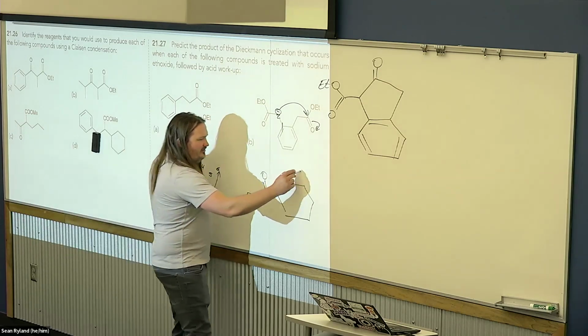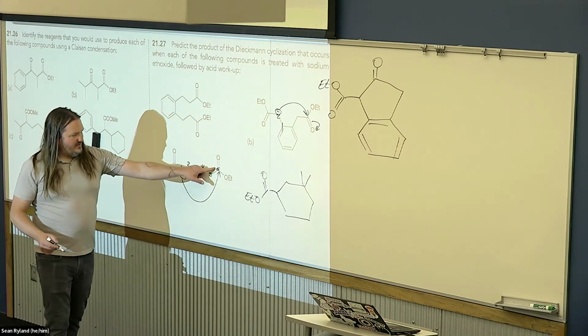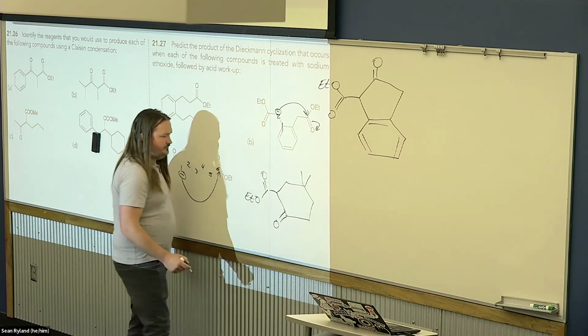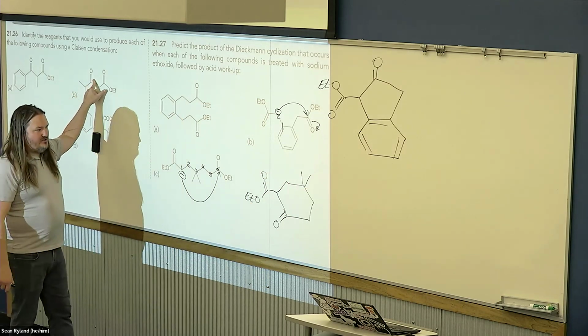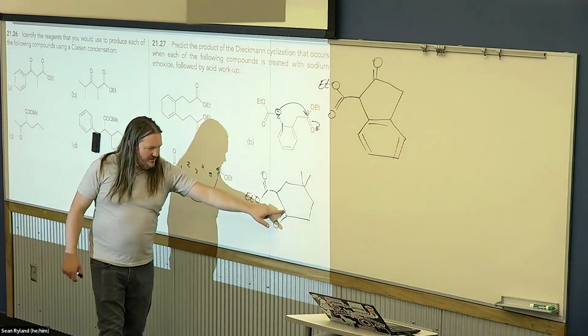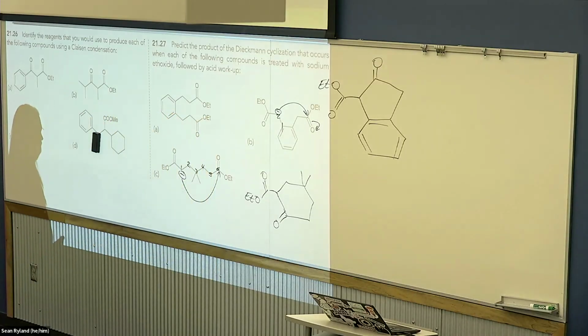Carbon 3 then has 2 methyls. 4, 5, 6. And so we still wind up with a beta oxo ester. It's good. There's your alpha carbon, there's your beta carbon. So it's not symmetric. Which one would be the leader?